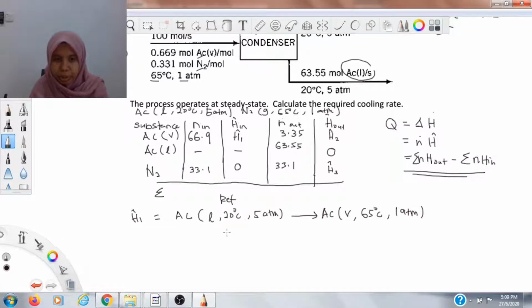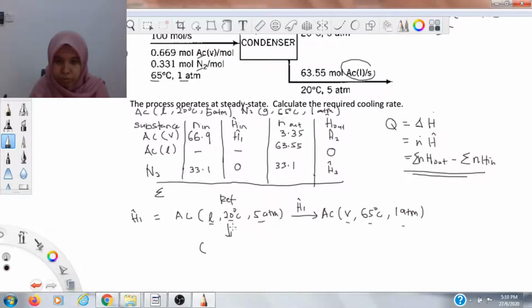Now before we can solve, we have to break this down into the hypothetical process path, as we learned before, because every condition here is different. So we need to know what the H1 is here.